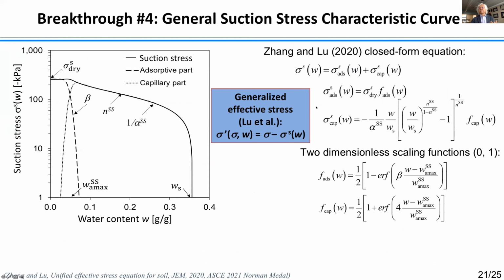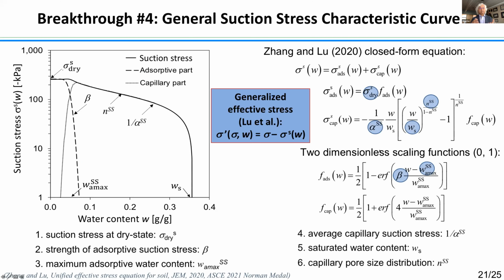Each of those is clearly defined by simple equations here with 6 very clear physical parameters. In fact, all these 6 parameters are somewhat independent. That is why we find some kind of minimum, but each of them has a very different physical meaning. For example, this parameter relates to your porosity, how big it is. And here you have the maximum that you can adsorb water. And then when the soil, particularly clay, is dry, what is your maximum suction stress? So we can unify that further.